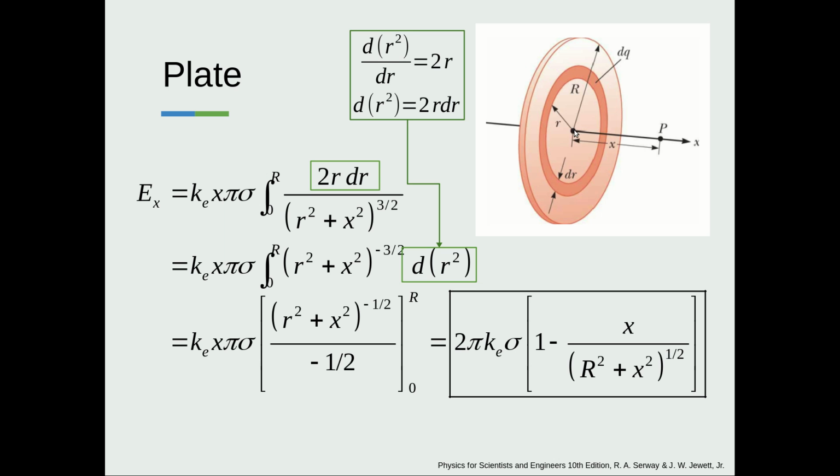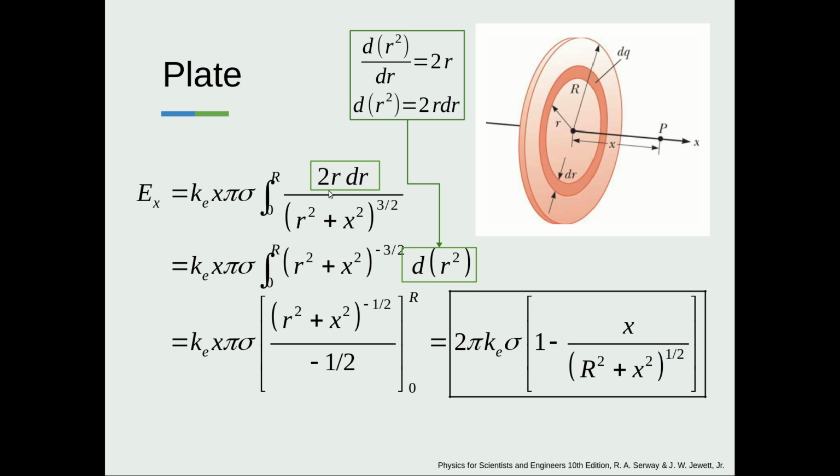At the center, your r is 0, and on the edge of your plate, your r is the capital R. So you're integrating from 0 to R. The variable is the radius, r. So this is the equation that you need to integrate.